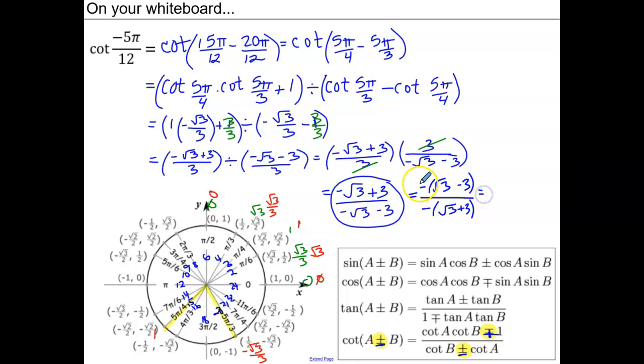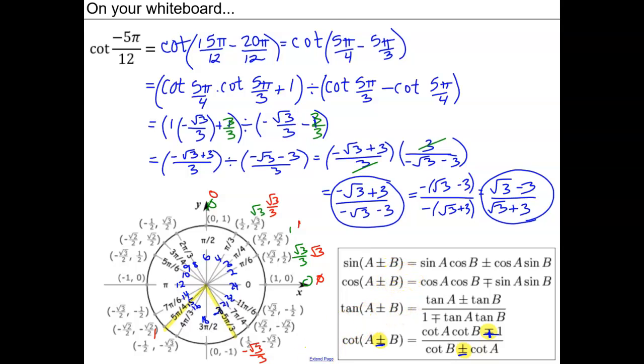And then a negative divided by a negative is a positive, and so this would be equivalent to the square root of 3 minus 3 divided by the quantity square root of 3 plus 3. And you're more likely to see it in this form as opposed to this form on a multiple choice question.